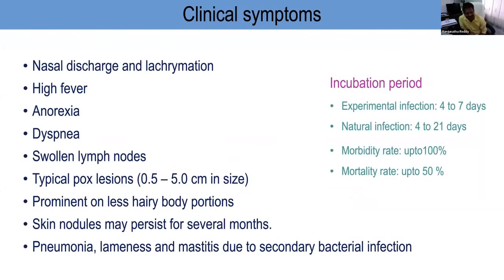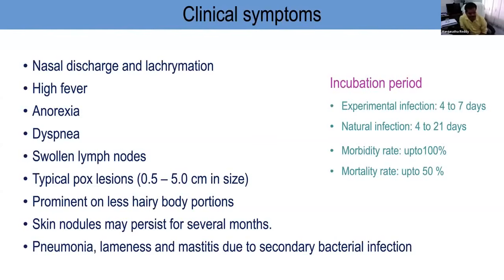The subsequent sign is anorexia, where the animal avoids food. Because it is a respiratory disease, you find difficulty in breathing. Then you will have typical pock lesions in the hairless or less hairy portions of the body.